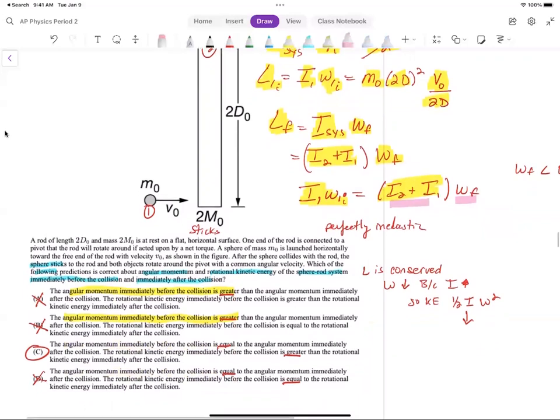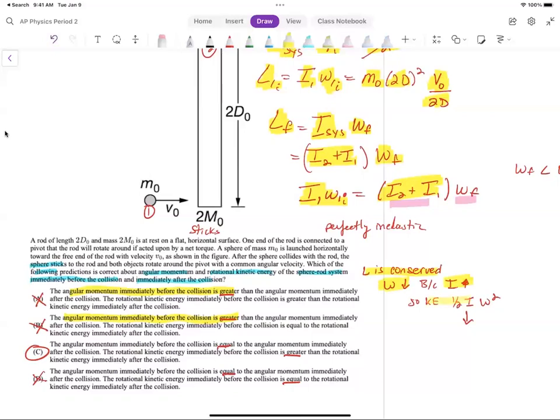Well, equal would mean that it was an elastic collision, and if you recall, you have to be told that. They didn't tell me it was elastic in here. So since angular momentum is conserved, the angular velocity went down because I went up. You can see that it went up.